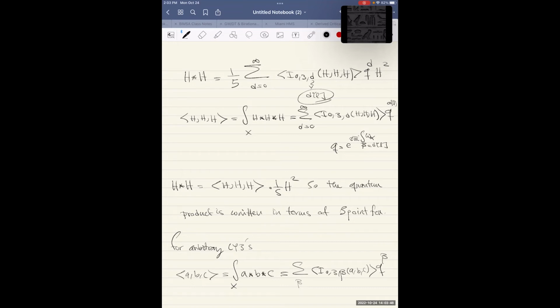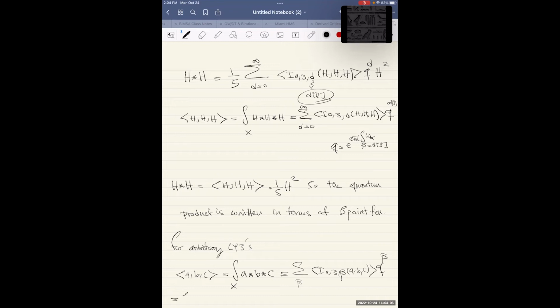Either my cycle beta is the 0 cycle, or it's something non-zero, but we are over a Calabi-Yau variety, and we have the constraints on the degree.